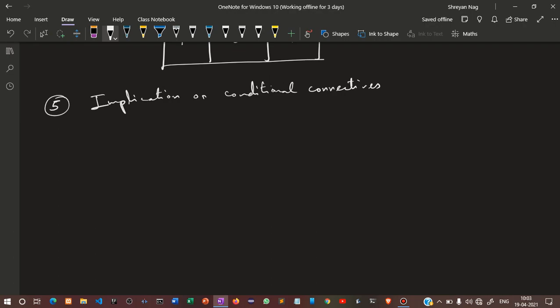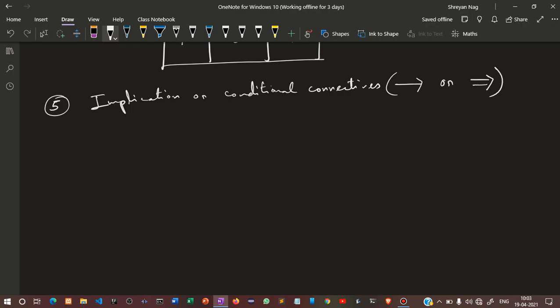Let us first explain with some example. First of all, let us see how it is shown in symbol. It is shown by a single arrow, or like this also, imply symbol.